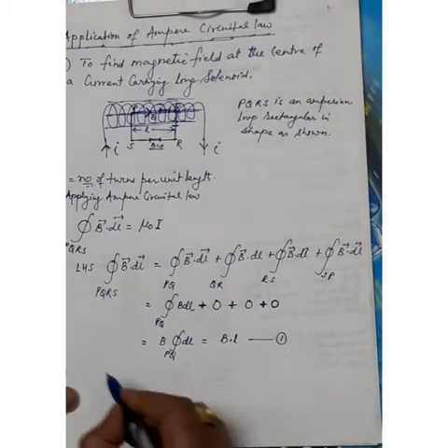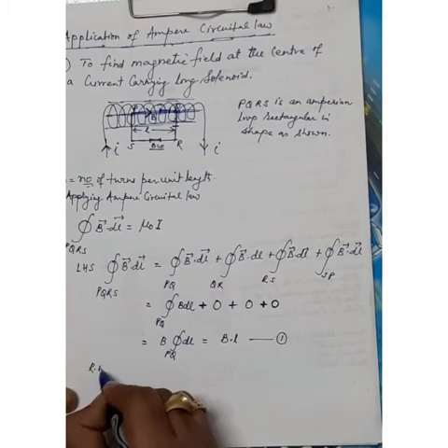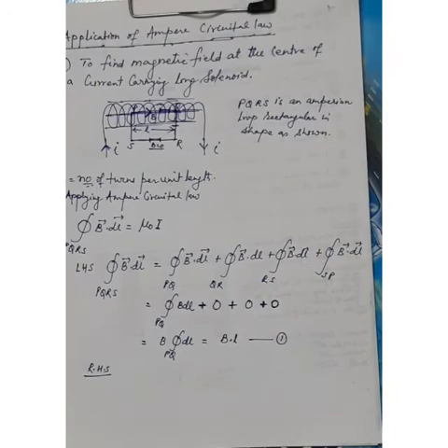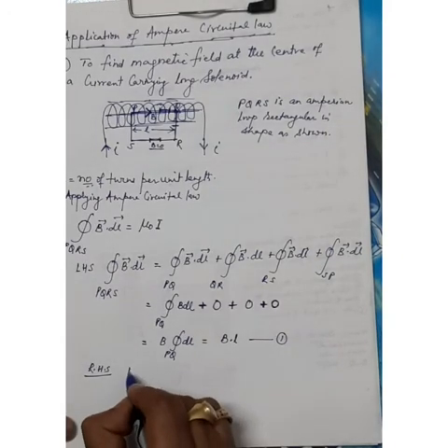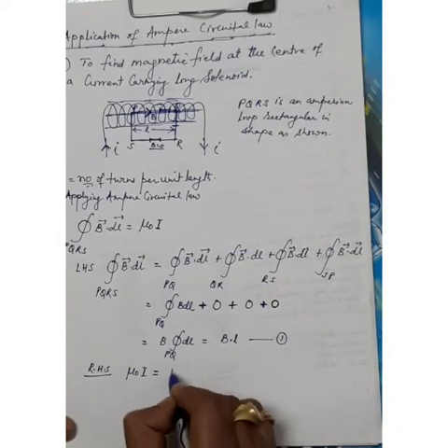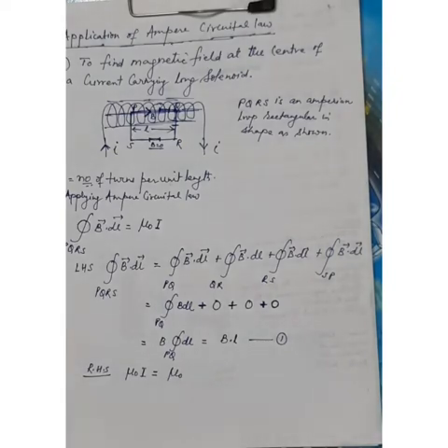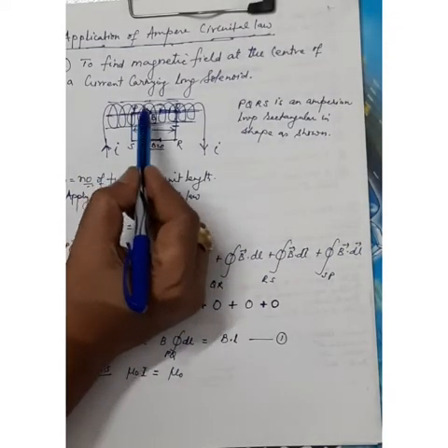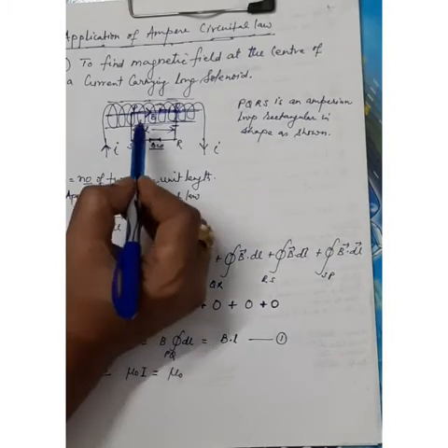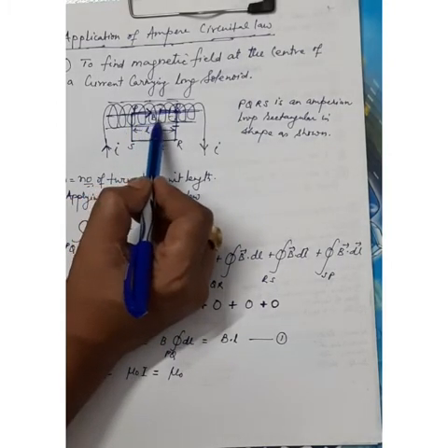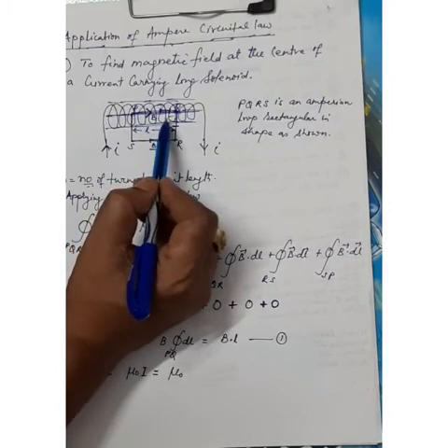Now come to the right hand side. Right hand side is mu naught times I. What is the total current enclosed? Every loop has a current small i. How many turns are enclosed by this Amperian loop?